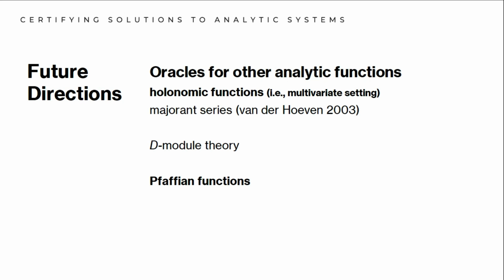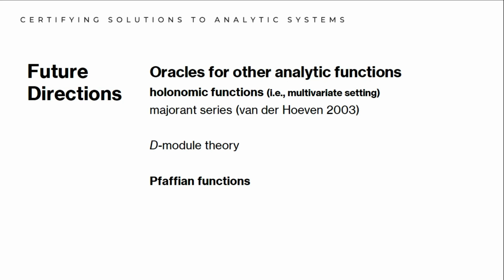So one hope is we can also think about D-module theory, because this kind of holonomic function is really closely related to D-module theory. Also, there is one known way to evaluate these holonomic functions, which is called holonomic gradient descent, which of course works nicely, but the problem is that holonomic gradient descent is not certified.